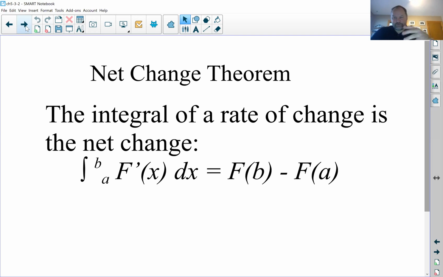So think about, and we'll do an example in just a minute, but think about a particle that is moving. It might move to the right and then to the left and then back to the right. The total change would be taking into account when it changes direction. The net change, the difference from where it started to where it ended, would just be f of the ending position minus the starting position.